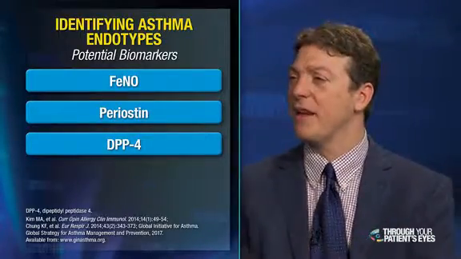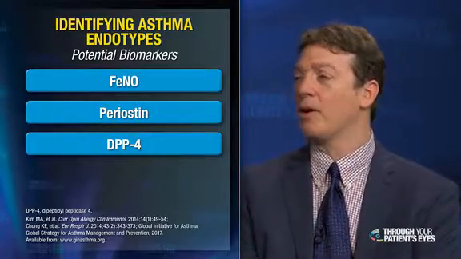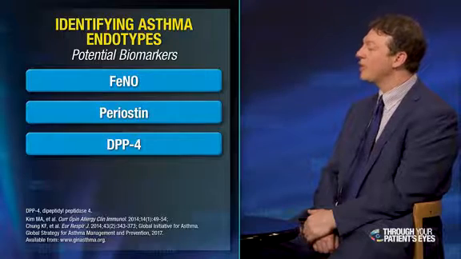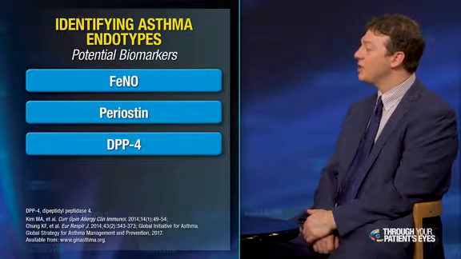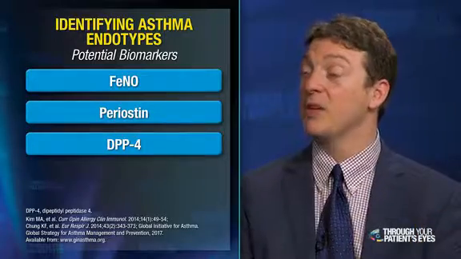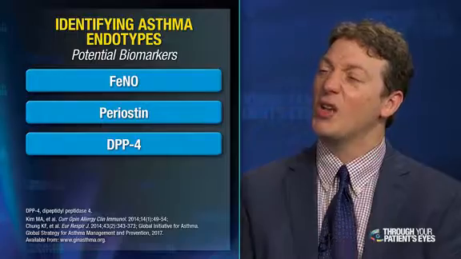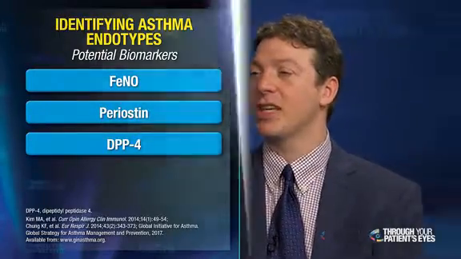It's not commercially available as of yet, but in different studies we've utilized it as a biomarker for IL-13 mediated inflammation. Another one that's also being used as a marker of IL-13 mediated inflammation is DPP4, or dipeptidyl peptidase 4, which may also represent a marker of IL-13 mediated inflammation. That's still in the works.